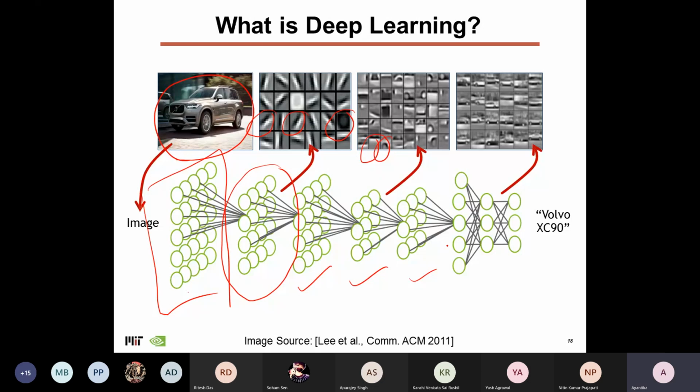Okay, and that way you can identify, okay, this is a car from a particular company. Basically, you can understand this way when you are inputting multiple images of cars. Maybe they are from different makes, different manufacturers.